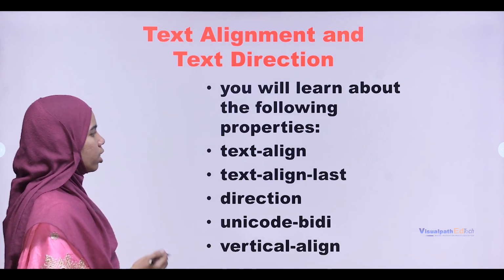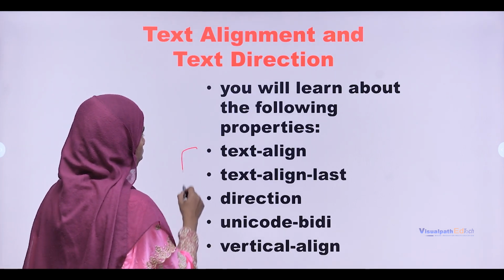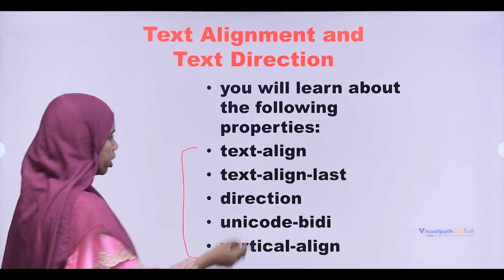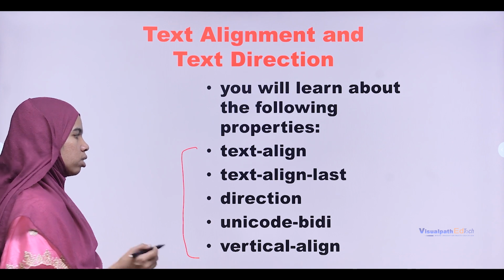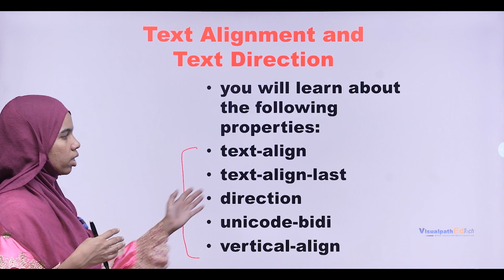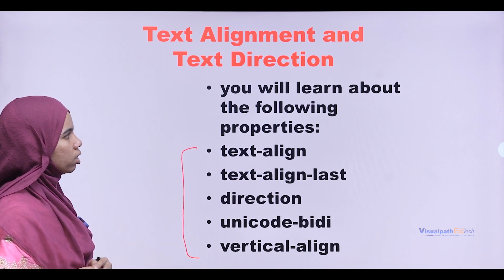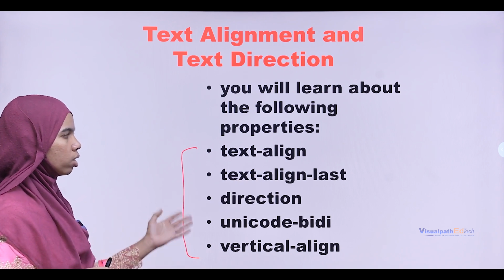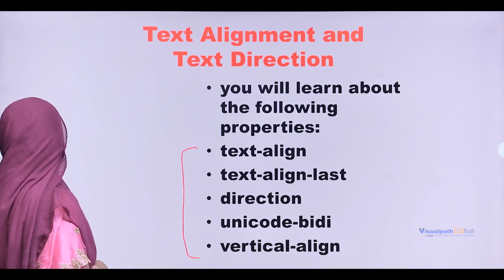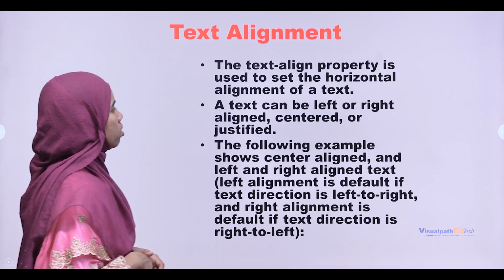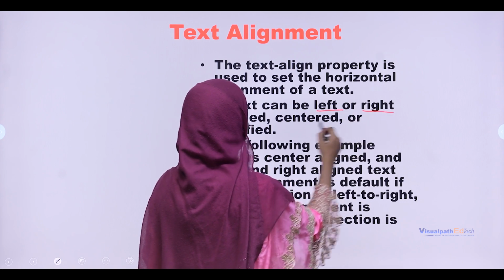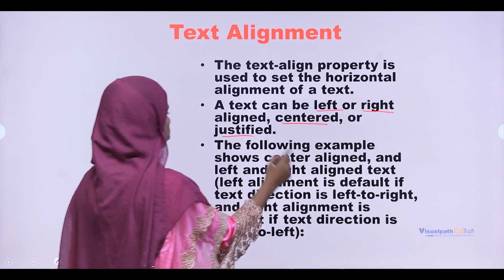Now coming to the alignment. So these are the various alignments of the text. Text can be aligned in so many directions. Vertical direction, horizontal, text align last. So all these are the various properties or the directions we can say that we are applying onto the CSS. So in the alignment, majorly we will be having either the left, right, centered or justified alignments.